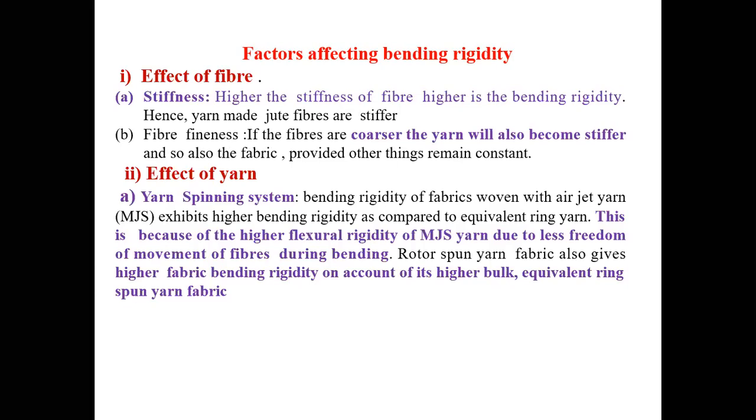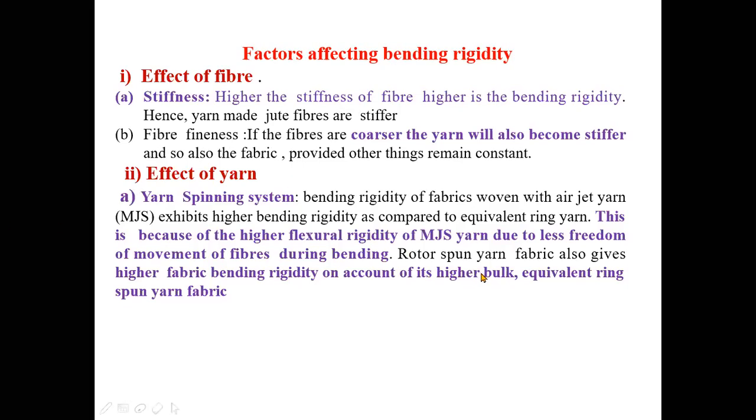So as a result, the air jet yarns are stiffer in comparison to the ring yarn, and so also the fabric made from the air jet yarn will be stiffer in comparison to the fabric made out of ring yarn.